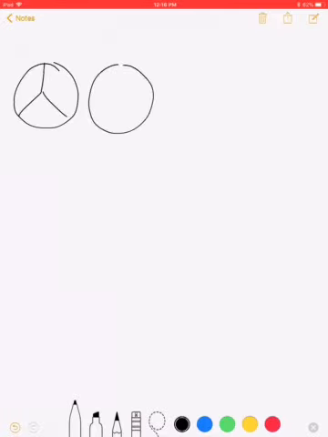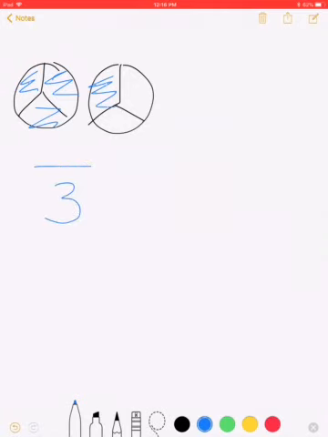So in this one, I'm just looking at what each one's broken into. So each one is broken into thirds, but this time I have 4 thirds shaded. Or the other thing we've talked about in class is I have 1 whole shaded and 1/3.